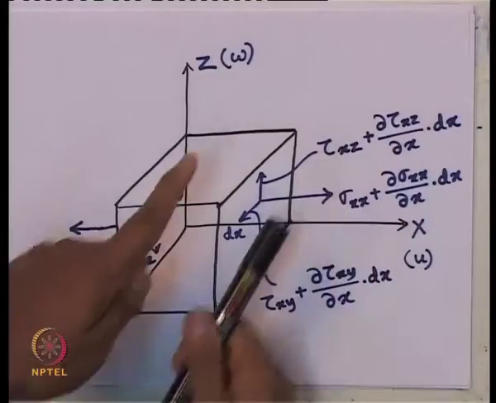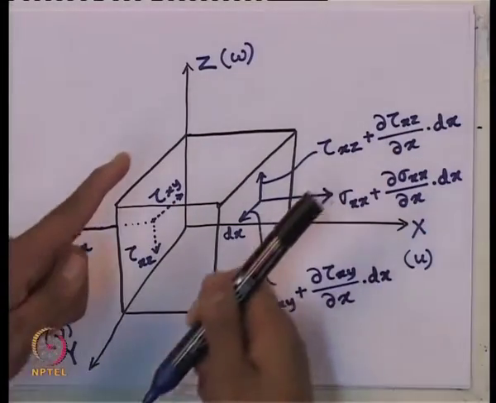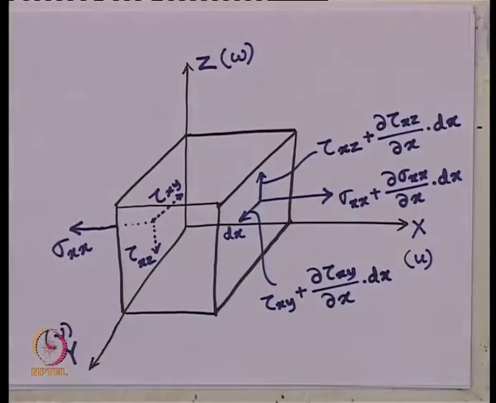So, this is also trying to balance the other direction shear stress tau x y. Okay? So, these are the changes of stresses on the two faces of the element in the x direction.